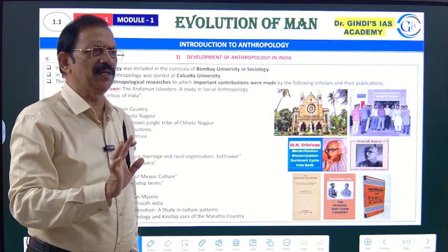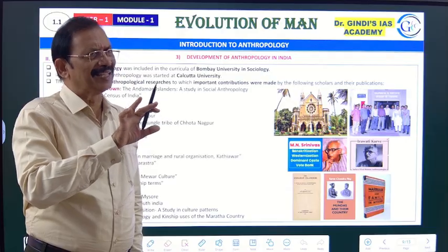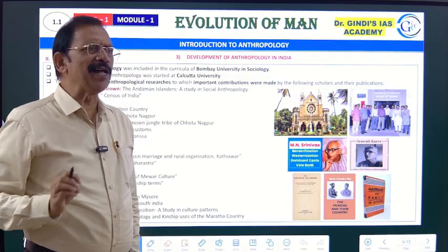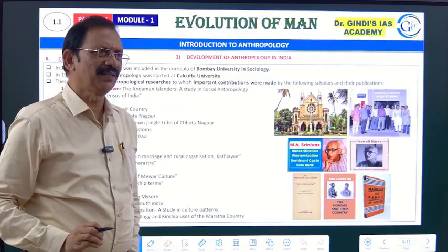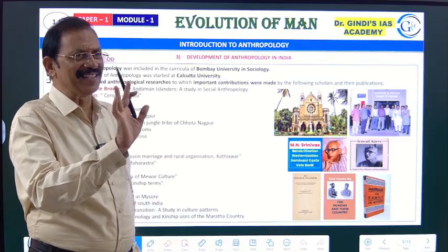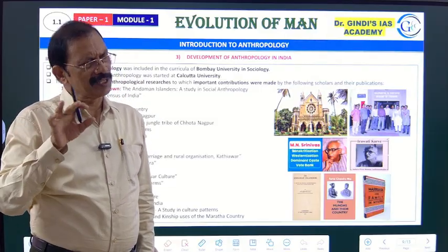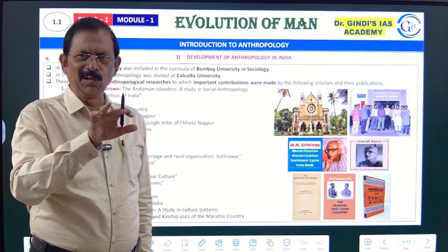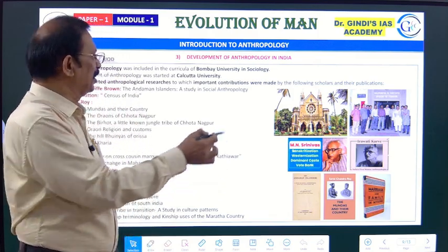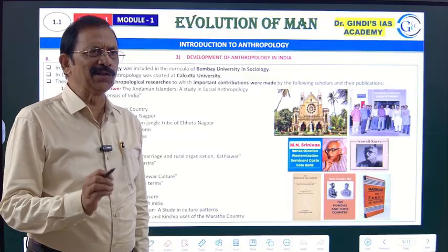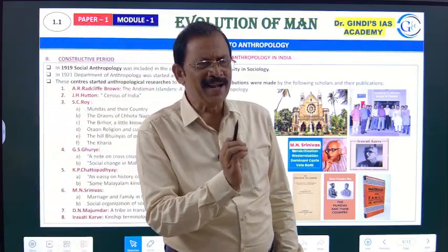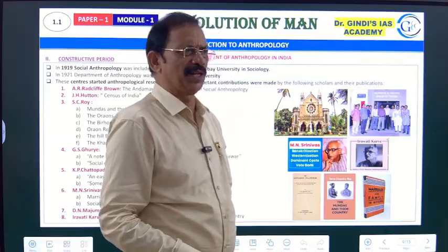But as part of the curricula of sociology, anthropology has also been included. Not as a separate department, but it was a milestone. As part of the curricula of sociology, in the department of Bombay University, anthropology also has been included, part of the syllabus.